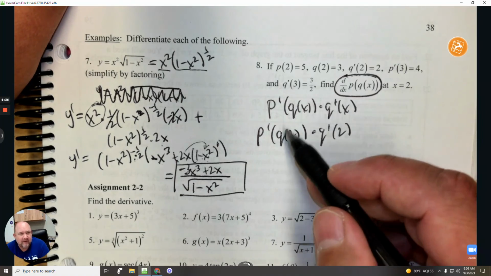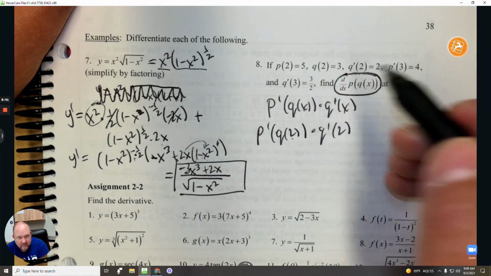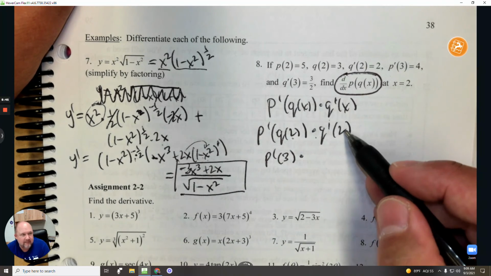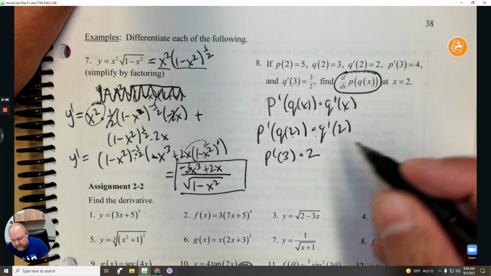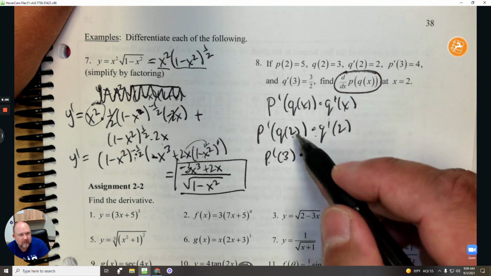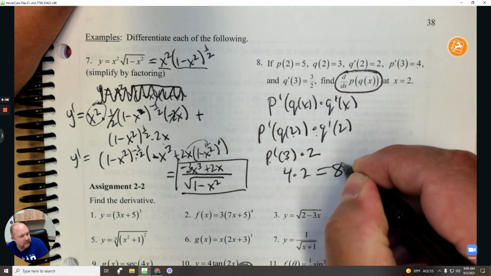And then you're just going to find values in the question. So q at 2, look at it, and the value is 3. So take it out and put in a 3. Q prime at 2, that's equal to 2. So plug that in. One more time, p prime at 3, oh, it's 4. And then 4 times 2 is 8.